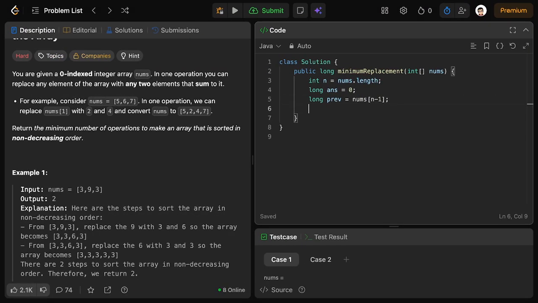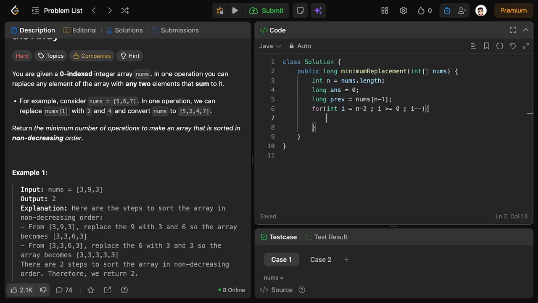Then I start from int i is equal to n minus 2, i is greater than or equal to 0, i minus minus. We are going down the array, and then our long cur is equal to nums at i. We get our current value.